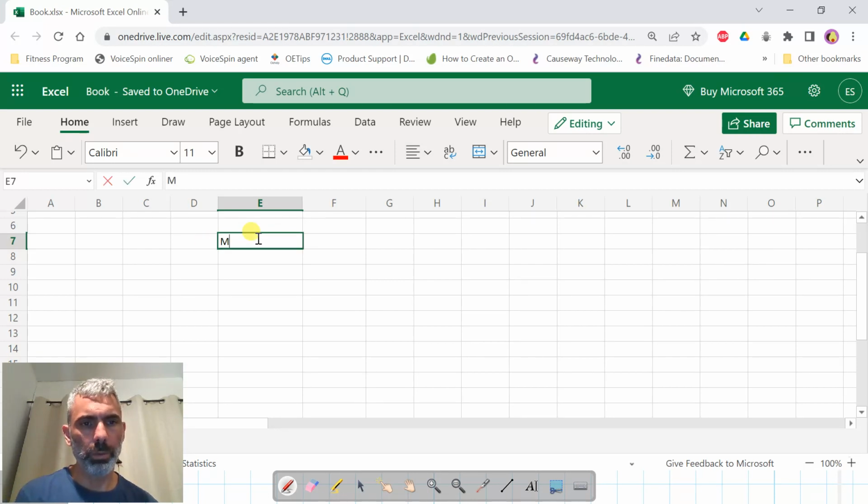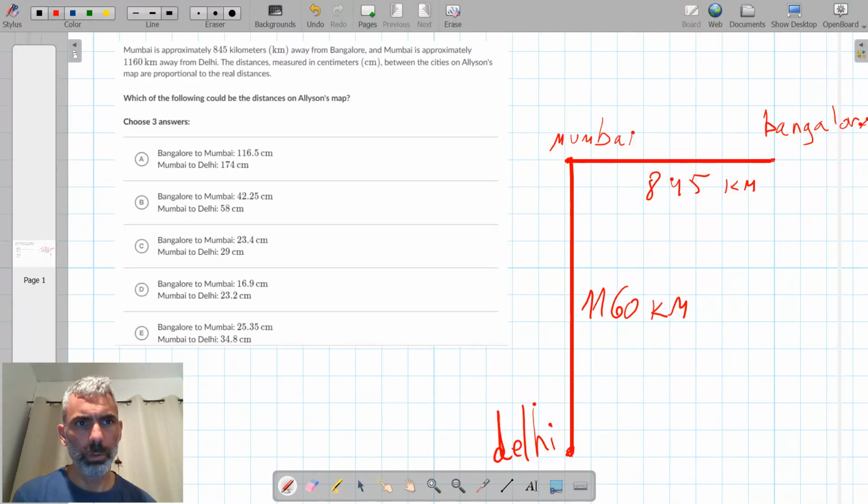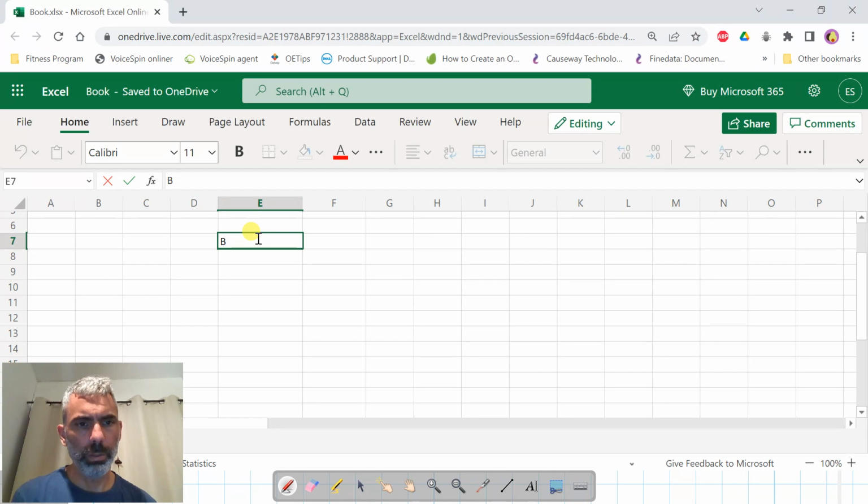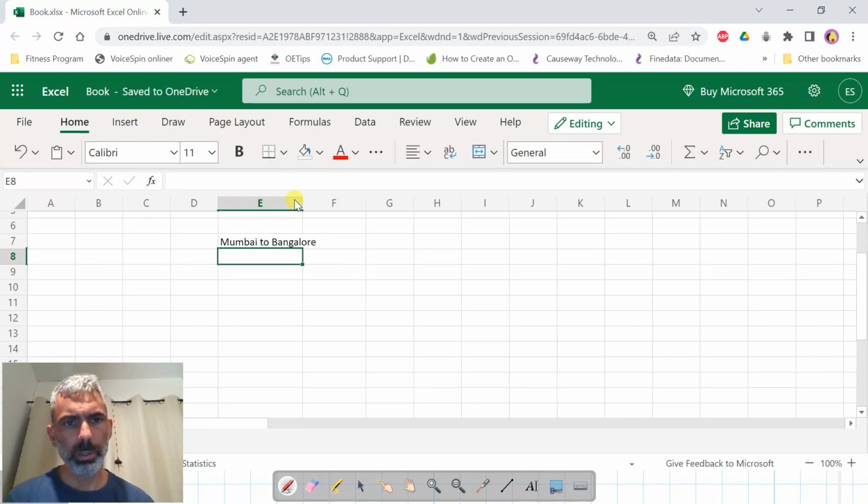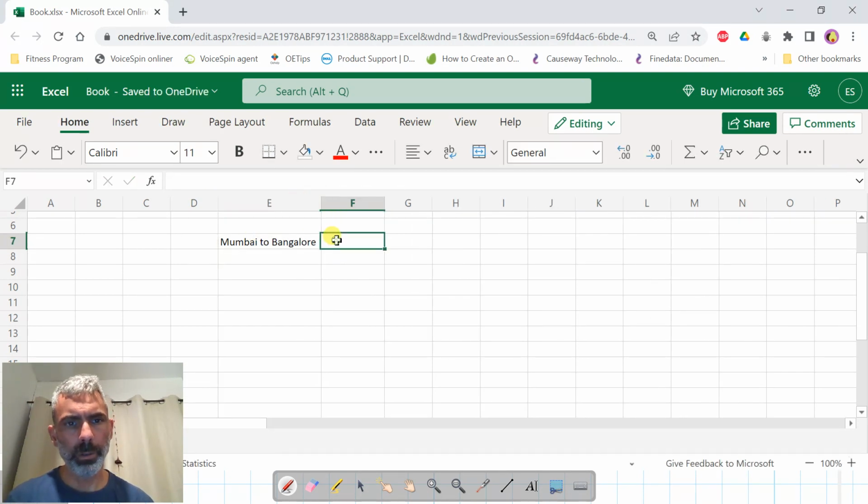So we have Mumbai to Bangalore, distance is 845 kilometers.